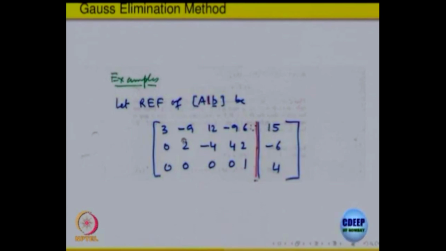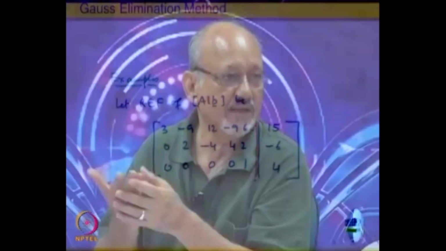So, x1 can also be determined in terms of x2, x3 and x4, and x2 is determined in terms of x3 and x4. So, this is what is called backward substitution. Go from the bottom to the up, substituting backward. Whatever is arbitrary, put that arbitrary value, determine the next one from the upper equation, and then from the upper equation again.